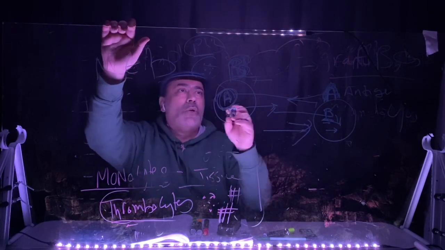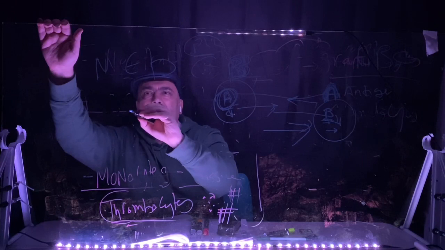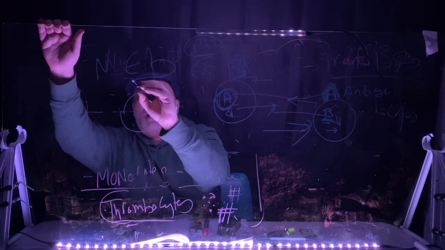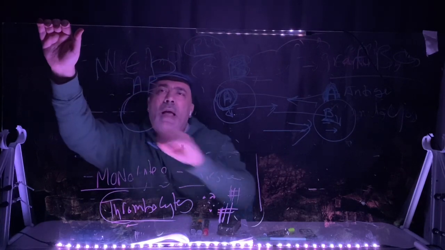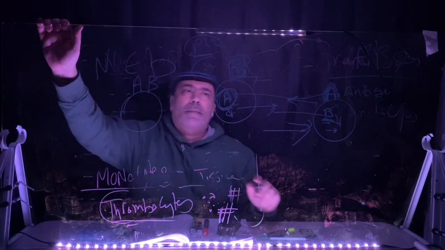Okay, so the third one will have two crowns, antigen A and B on the top.